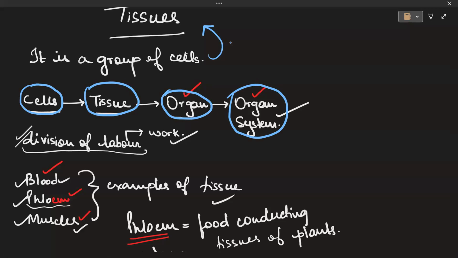Now, when the cells group together and make tissues, you can imagine that there is some sort of division of labor. By division of labor, I mean division of the work, or division of what they perform. Every different cell in a tissue has a different function to perform, so you can say that tissues possess a division of labor.